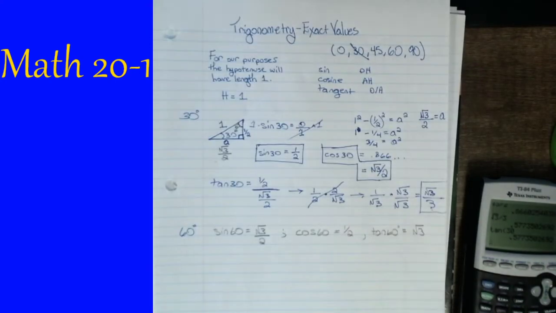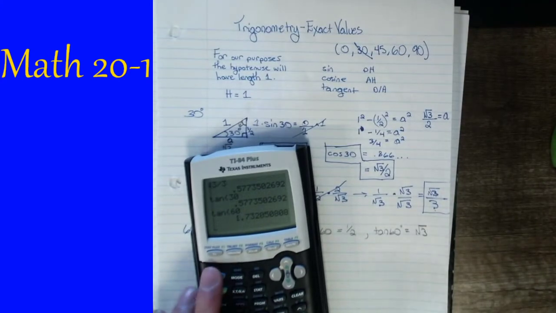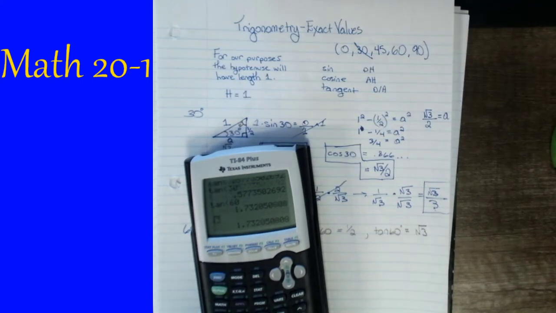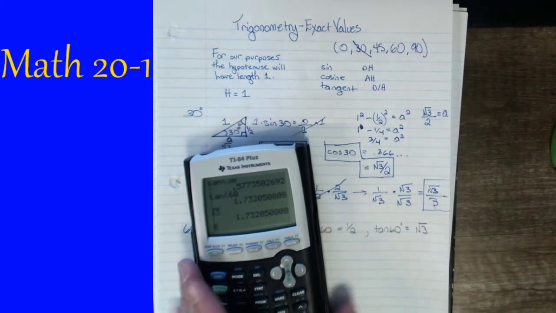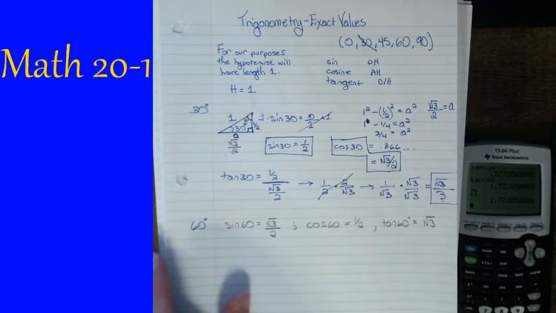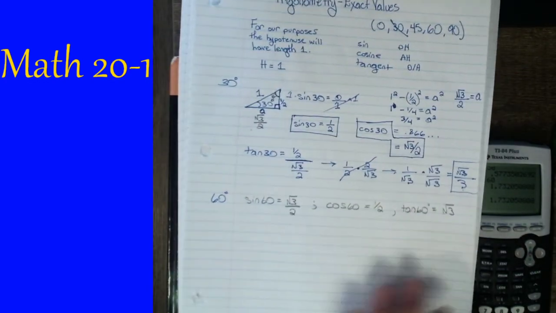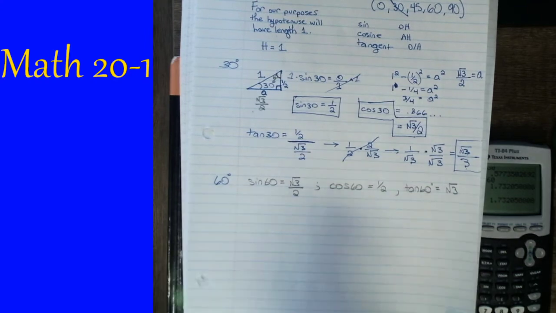It's going to be like a 1.7-ish number. Tan 60, 1.73. That should be the square root of 3. So there's a lot of shortcuts we can take in terms of symmetry. So that's 30 degrees, 60 degrees, and before we get to 45, we'll cover 0 degrees and 90 degrees.